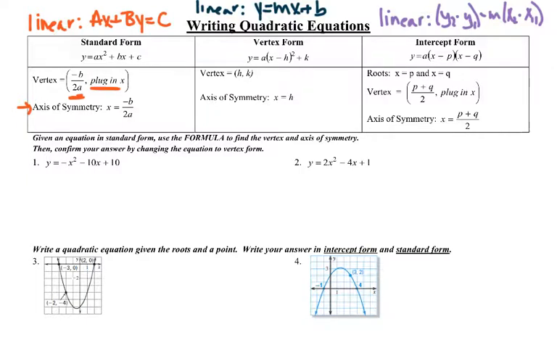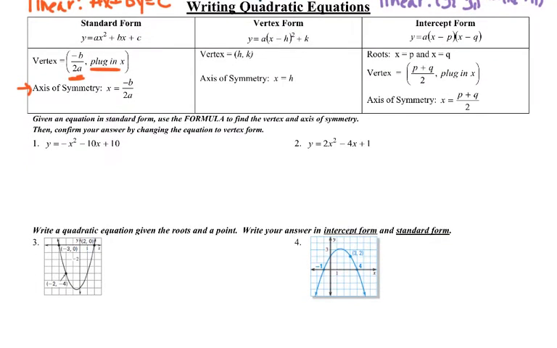So first let's talk about this standard form and the axis of symmetry. We're going to use the formula here to find the vertex and axis of symmetry. The formula is negative b over 2a. The negative of negative 10 is 10 over 2 times negative 1, or negative 5.